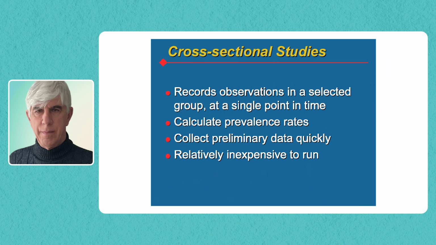There are three main study designs here. One is cross-sectional studies. Cross-sectional is a very popular approach in humans, but also in ecotoxicology. It means recording observations in a selected group at a single point in time, so people or animals are not followed up over time.